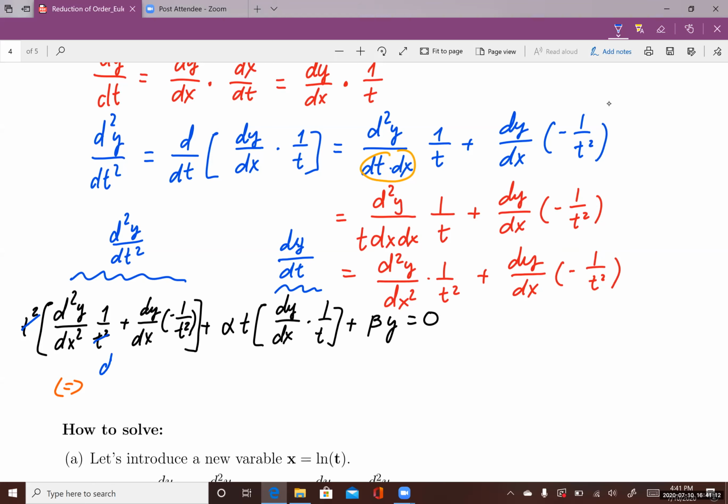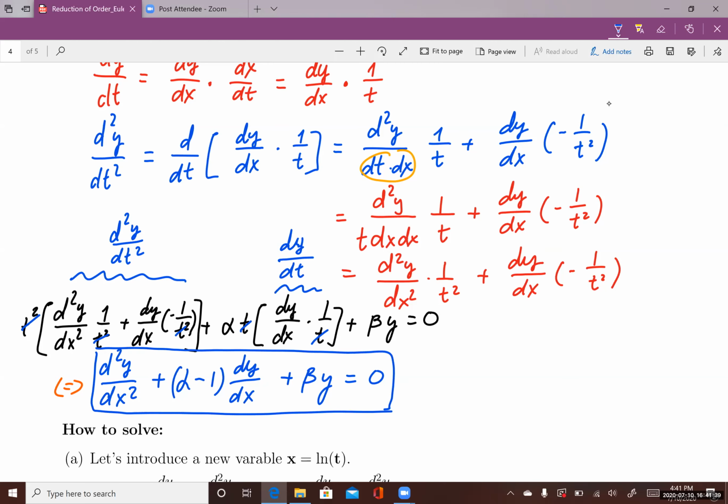So what I have is d squared y dx squared. I have dy dx, and I can combine the dy dx terms together here. This is gone out here. So what I have is alpha minus 1 times dy dx, plus beta y equals 0.